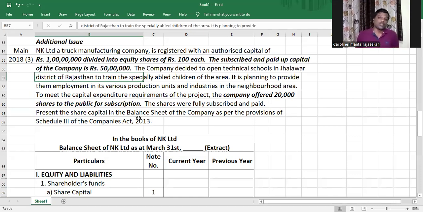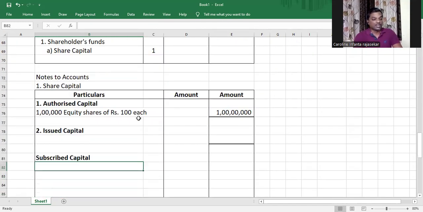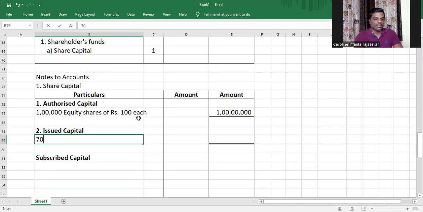On top of that, the company is issuing another 20,000 shares. So the company had issued 50 lakh rupees. Now the company is issuing 20 lakh rupees. So the total issued capital of the company, my dear children, is 70 lakh rupees. So 70,000 equity shares of rupees 100 each.